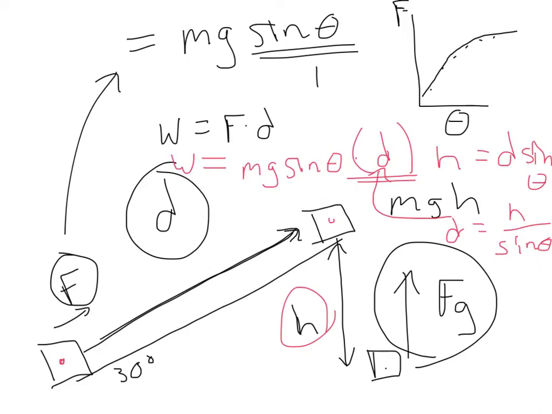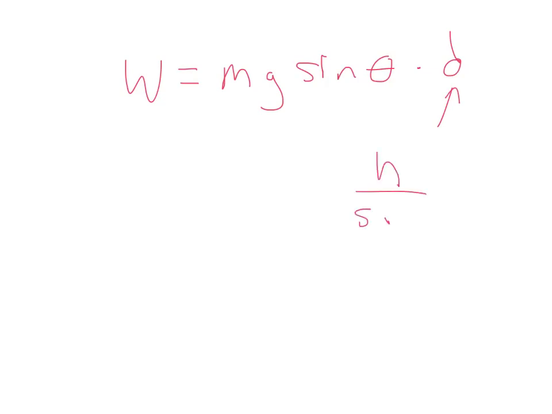I'll rewrite what I just wrote: W equals mg times the sine of theta times d, but d is equal to h over sine theta, where, just to remind you, this is h, this is d, this is theta.